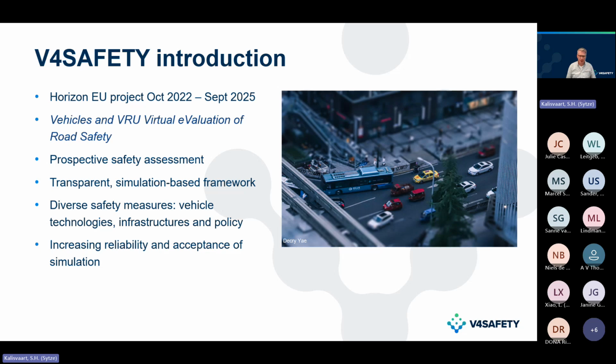It's a Horizon Europe project ending this month. There's a very strong role for vulnerable road users. So how, from a vehicle perspective, can we help to reduce the number of accidents and the severe accidents with vulnerable road users? So we're talking cyclists, e-scooters, pedestrians, etc.